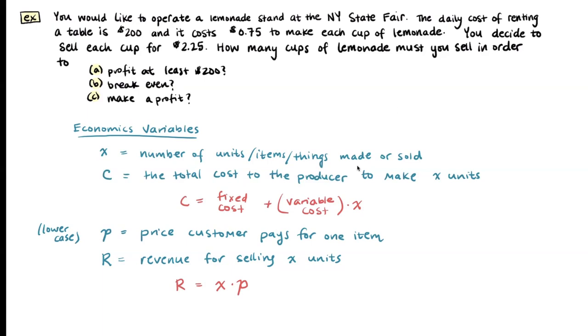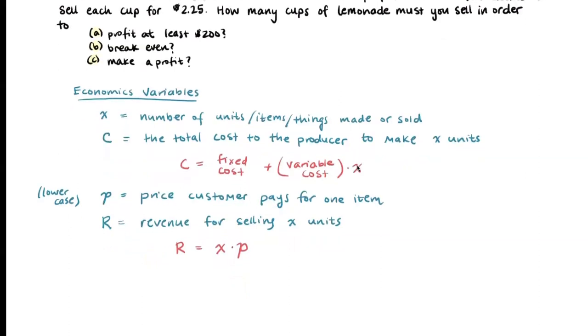All right, then our last kind of variable here or symbol that we need is a symbol for profit. So here's an uppercase P. I'm just going to put like a foot at the bottom of it to distinguish it from price. Okay, so uppercase P will be profit.